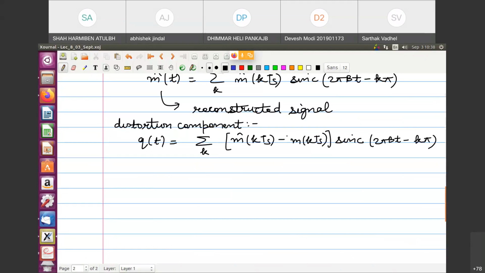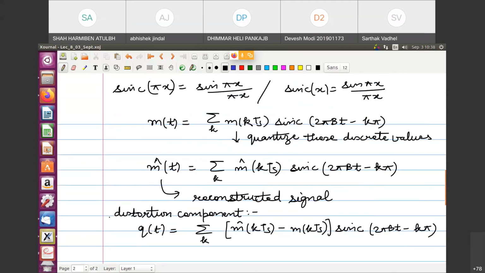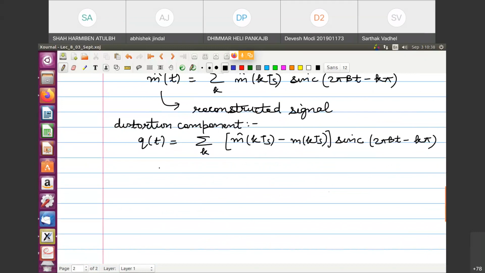We have simply subtracted both of them. We want to know how much m of t is away from m cap of t. That is called the distortion component. We write it in a short notation as q of kTs times sinc.